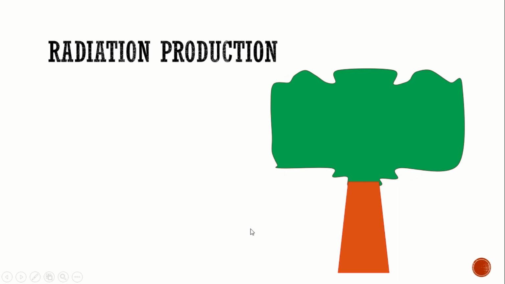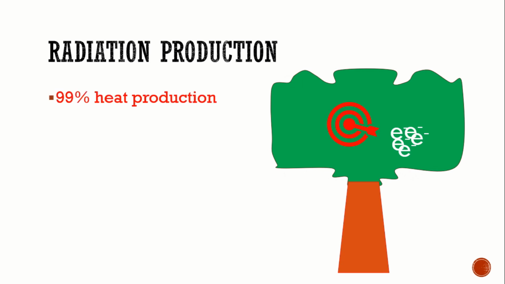To start with, let's talk about radiation production. The collision of projectile electrons from the cathode's filaments with the atoms of the anode target produces 99% heat and 1% radiation.